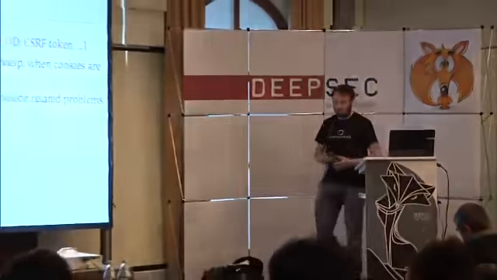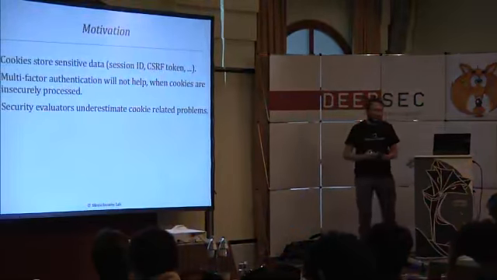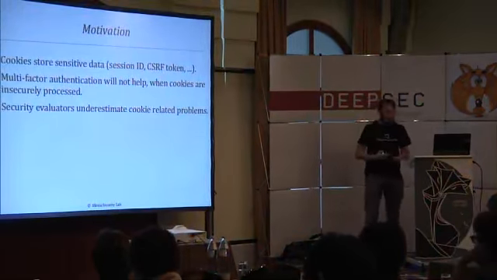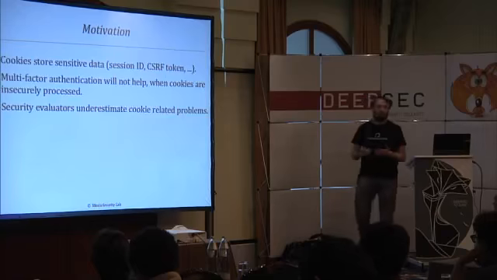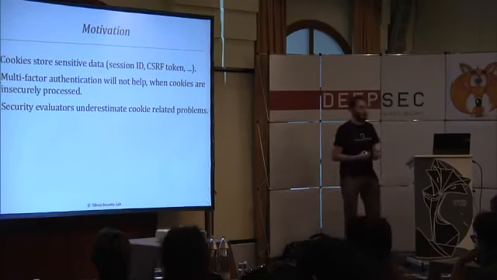Another one is that many people here do security evaluation of products, and what I've noticed is that many people underestimate cookie-related problems. That's why it was yet another good motivation for me to bring this talk.